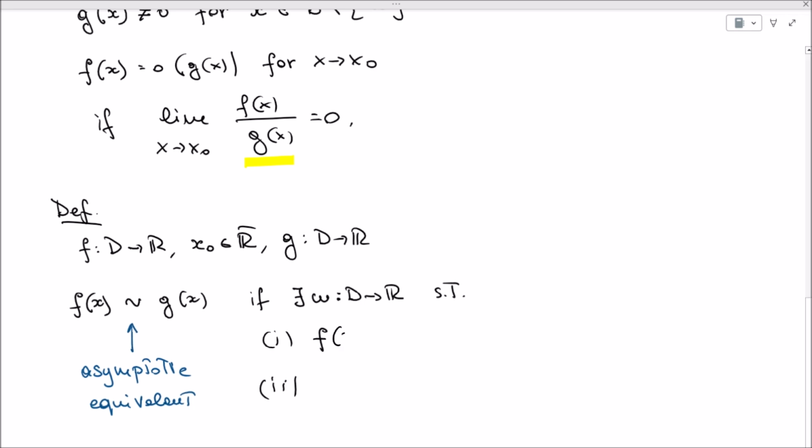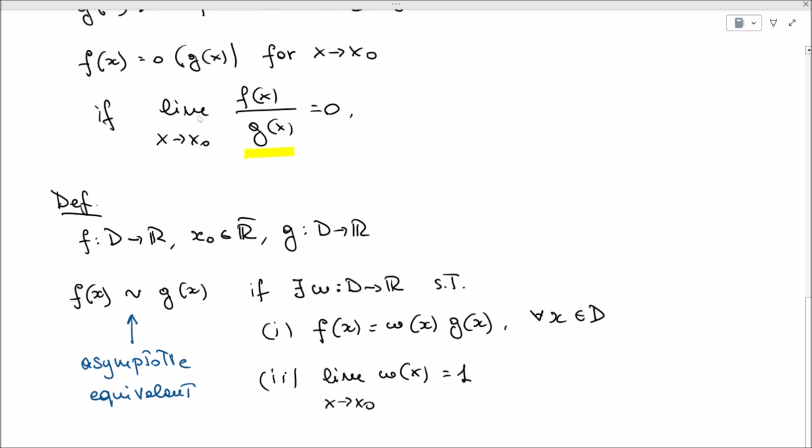First is the same: f of x can be written as omega of x times g of x for every x in the domain D. And now the limit of omega of x when x goes to x naught is equal to 1.